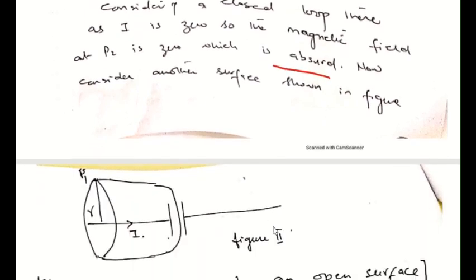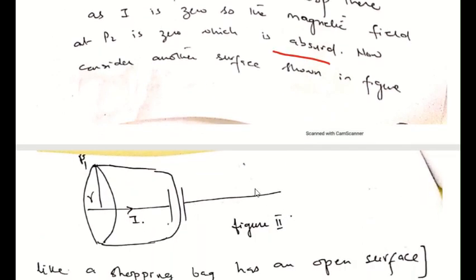Let us suppose that we have something like a shopping bag, and you enclose one plate of the capacitor in the shopping bag in such a way that the base of the bag is placed inside the two capacitor plates, and the open side is over here.